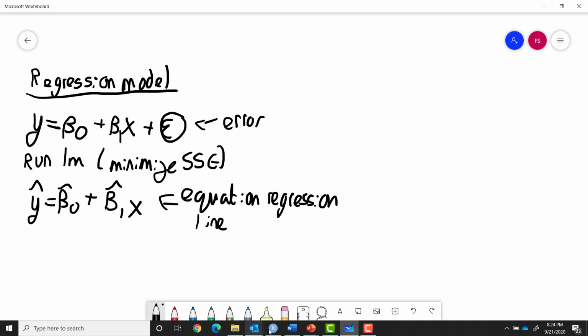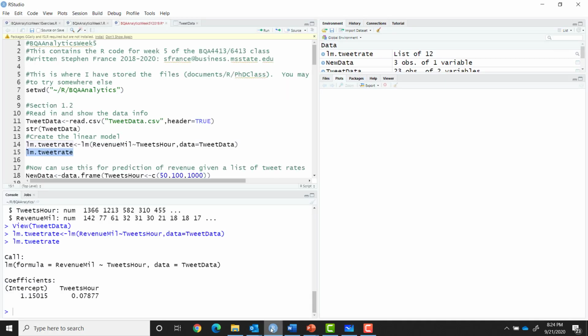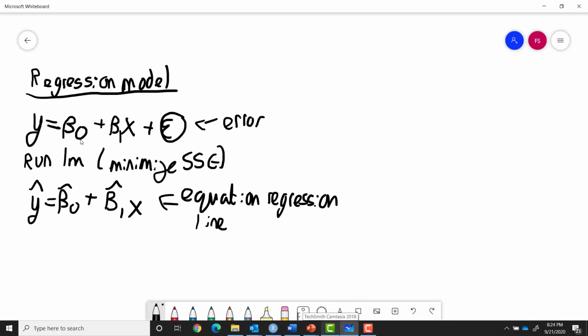Okay, so what do we have here? We got 1.15015 and we got 0.07877. So let's go back to our little whiteboard and take a scenario.